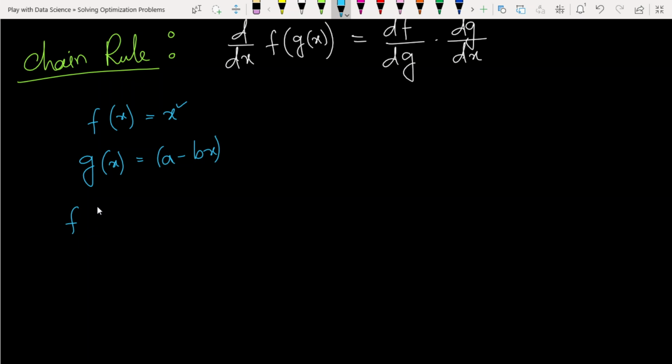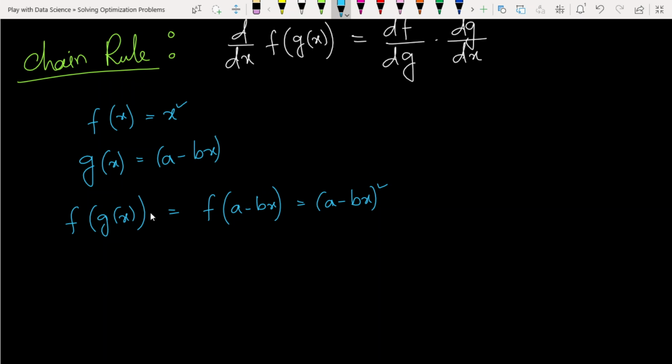Then what will be f of g of x? Let's write this down. f of g of x means f of a minus bx. Now f of x means x square, and in place of x we use a minus bx. This will be the function.